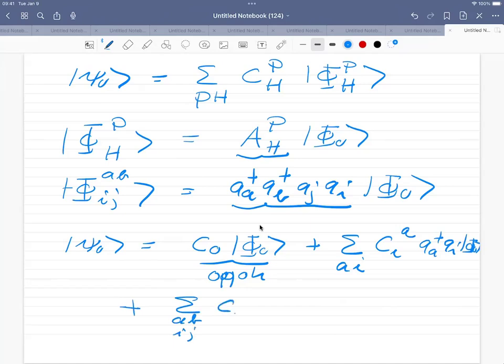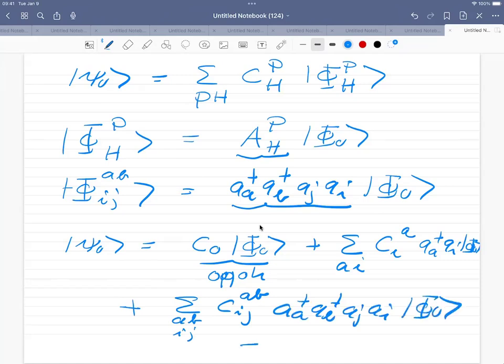And then I have a C_ij^ab. So now I'm writing explicitly out what these coefficients are in terms of the subscripts given by the single particle states. So then I have an a dagger a, a dagger b, a j, a i, acting on phi 0.